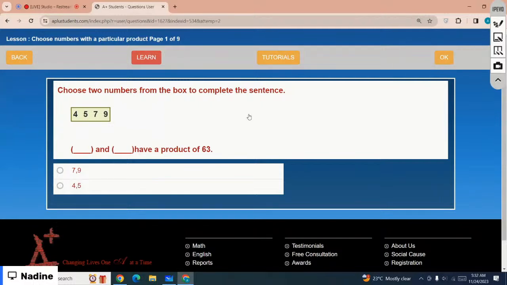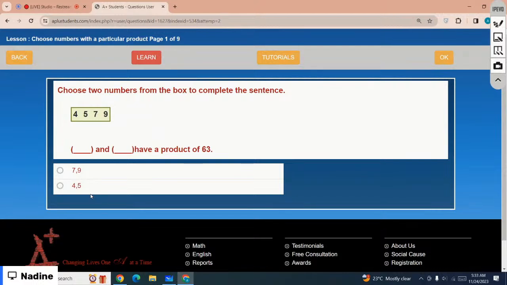Choose two numbers from the box to complete the sentence. 4, 5, 7, 9. You are given the options. So when you are given the options, that would be easy to see. You have to select two numbers that have a product of 63, right? So the options are 7, 9 and 4, 5. 4 times 5 equals 20.